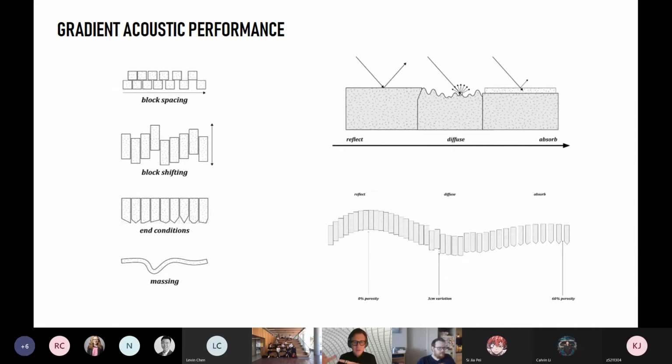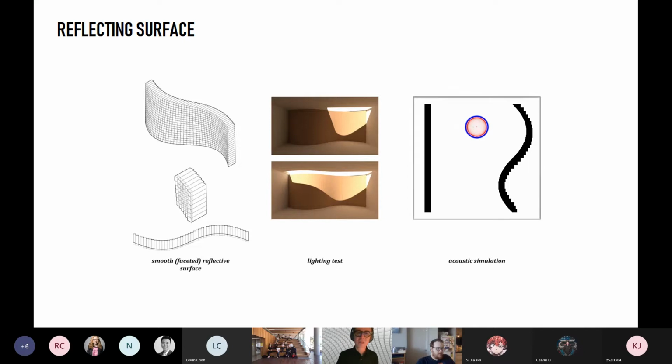So for the absorptive characteristic, one could space the blocks out, which enables sound to penetrate through the block layer. By shifting the blocks in and out, we basically create a diffusive surface. And then by placing those blocks, we can create different reflective conditions, such as those sound mirrors, which I just showed in the previous project. So here we see the reflecting surface, right?